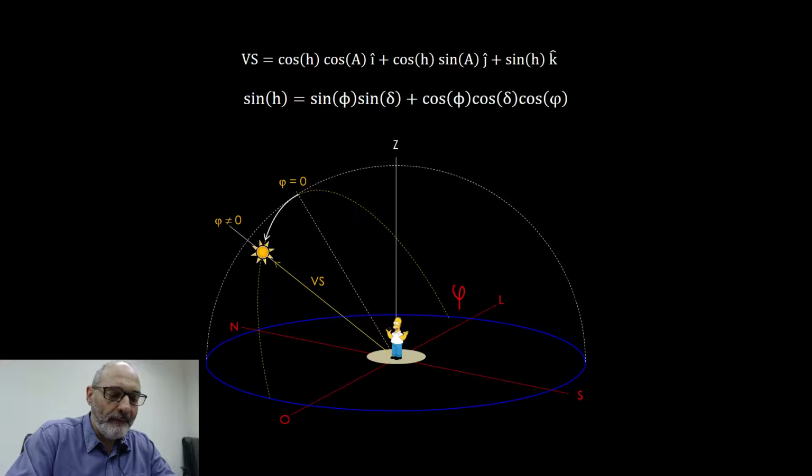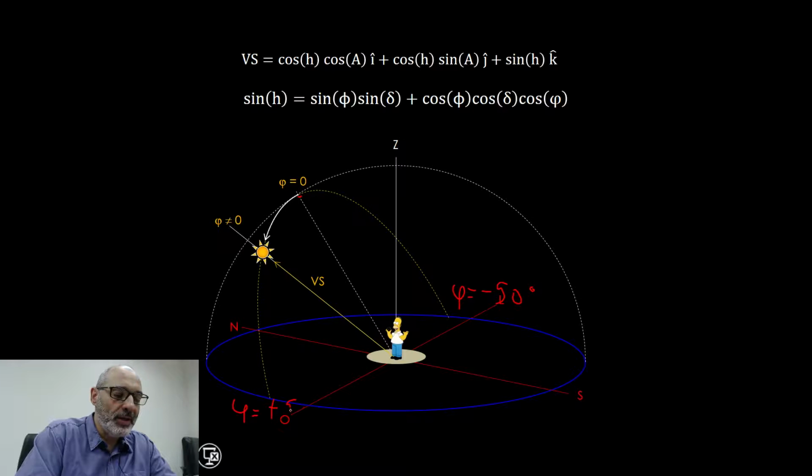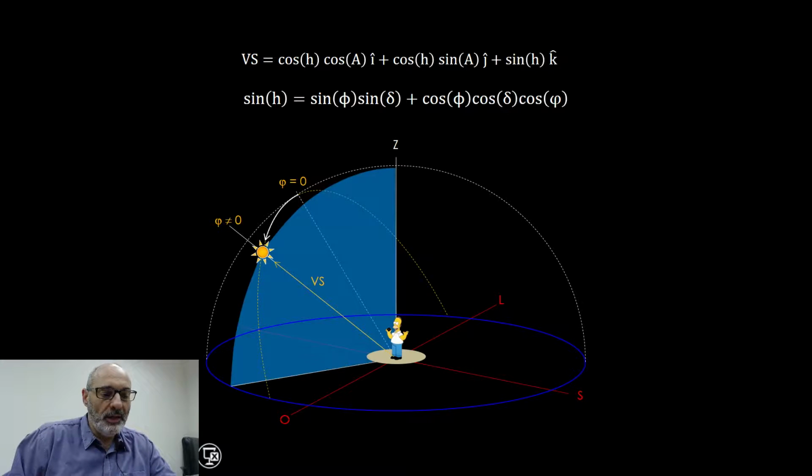So here, phi equals minus 90. This is around 6 a.m. At noon phi equals 0, and here phi equals plus 90 degrees. So this is the sun, and our solar vector points to the sun.